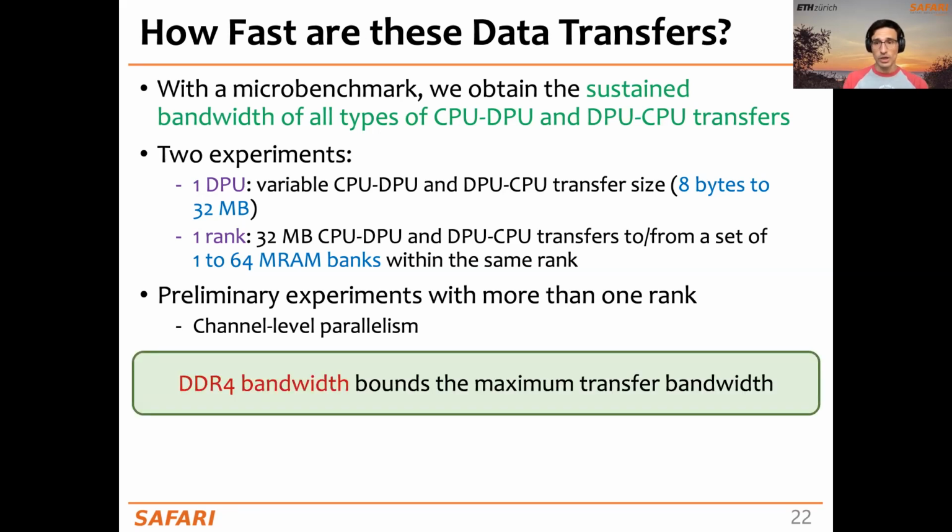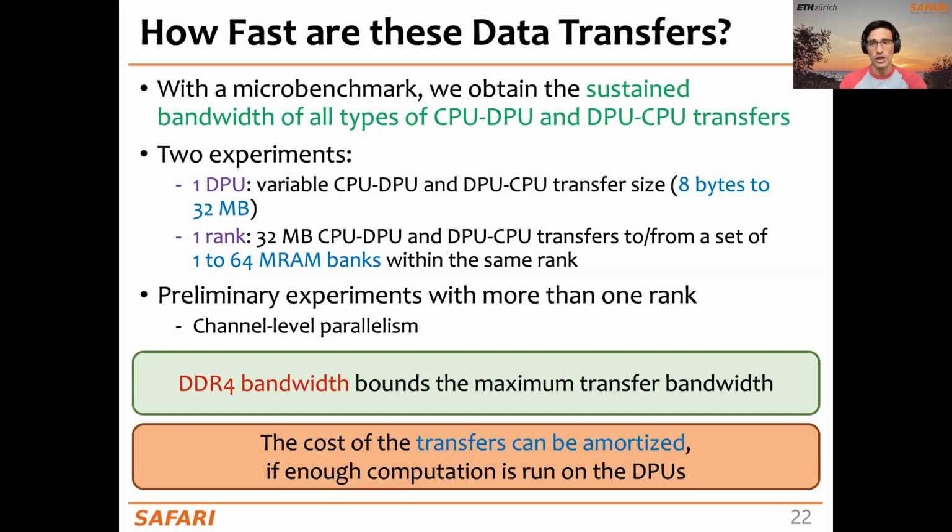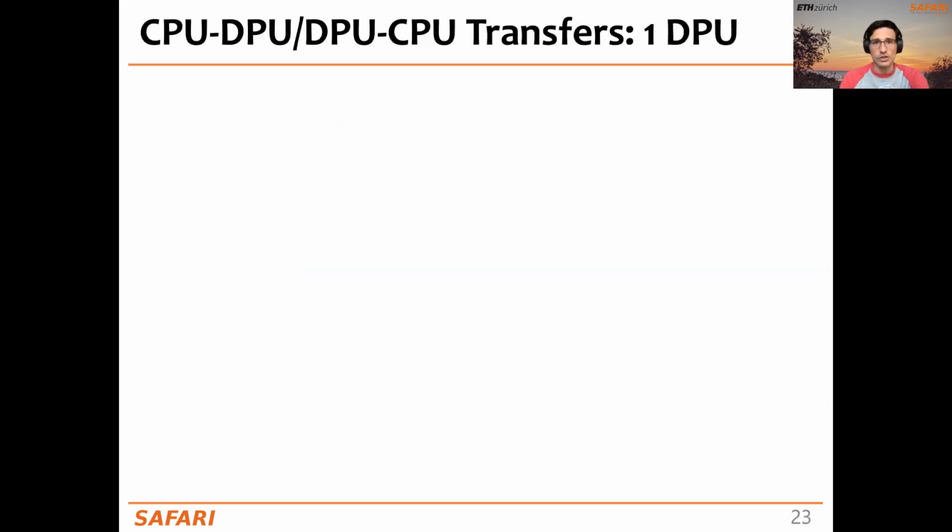Of course, because the PIM-enabled DIMMs are connected through the memory channel to the host processor, the DDR4 bandwidth bounds the maximum transfer bandwidth that we will obtain. But the cost of these transfers should be amortized, and the way of doing it is by enabling enough computation on the DPU side so that we can amortize the cost of these data transfers.